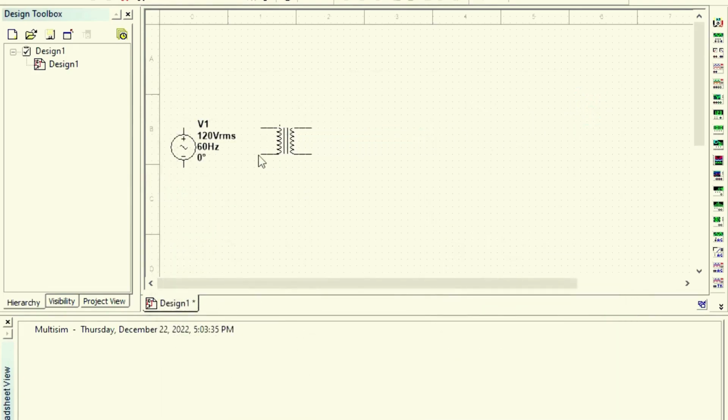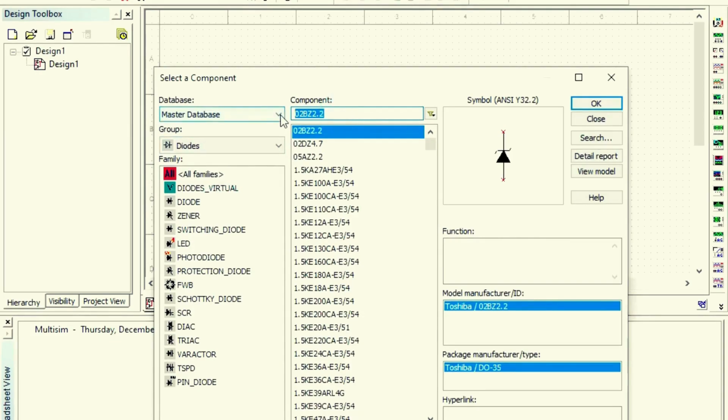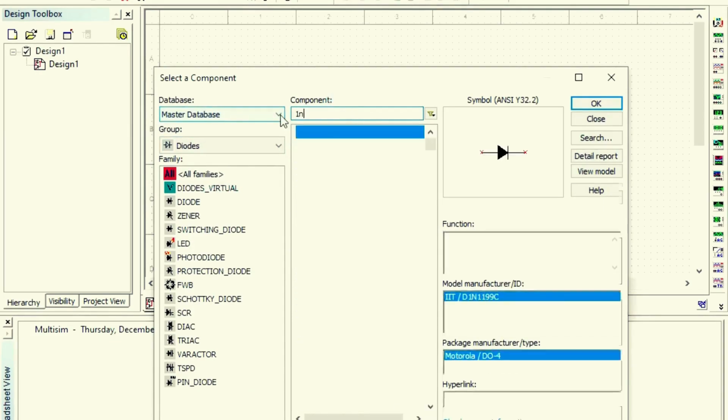Step-down transformer. For diode 1N4007, the code must be remembered. If you choose a different coded diode, the circuit will act abnormally.